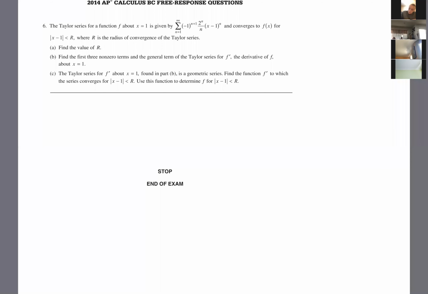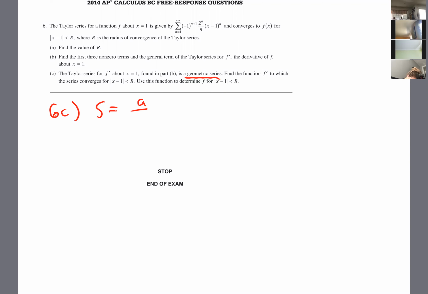Can you do C, please? 6C, yep. So on 6C, whenever it says geometric series, you can use the formula. The formula is the starting term over 1 minus r. To find the starting term here, you need your derivative.